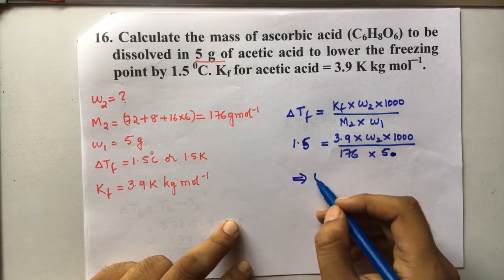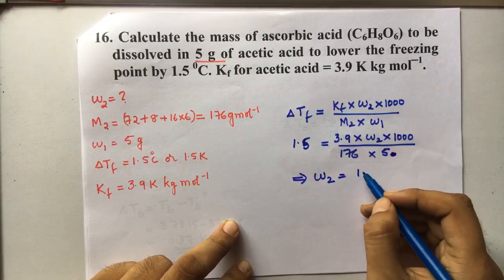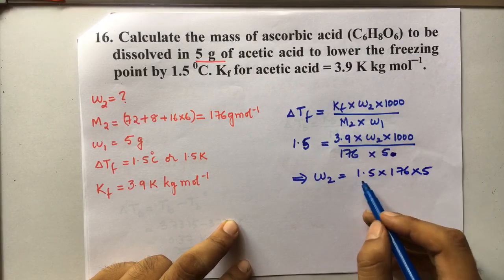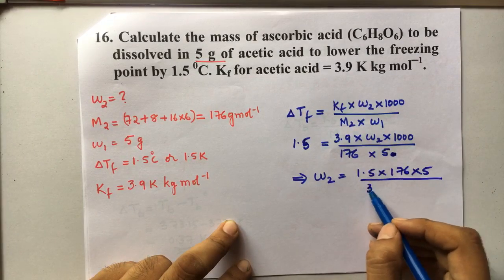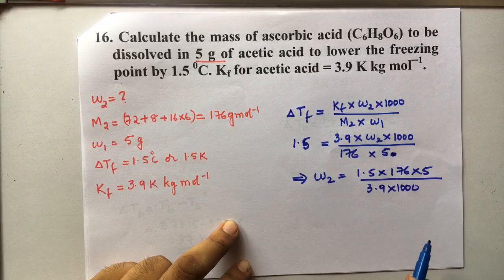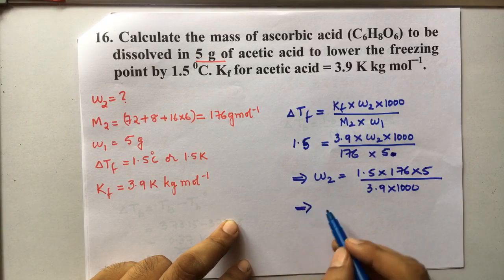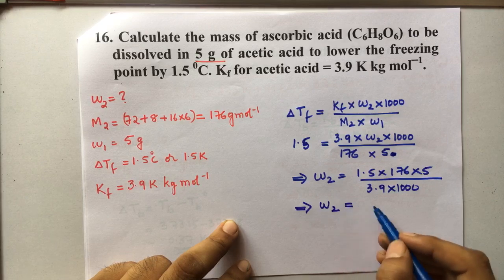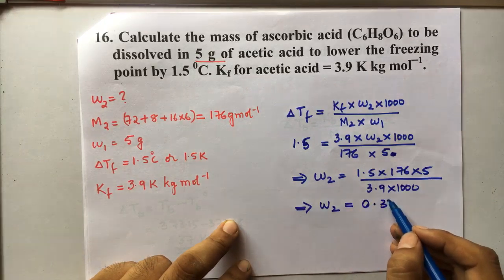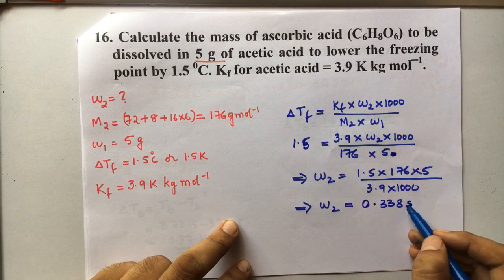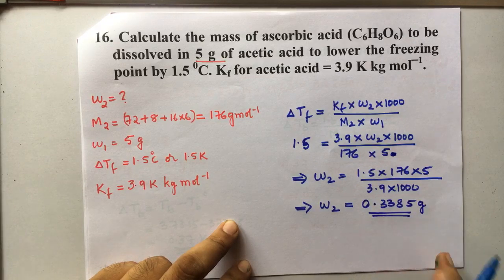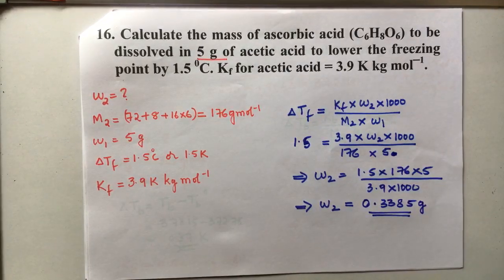Upon solving, you can get W2 will be equal to 1.5 into 176 into 5 divided by 3.9 into 1000. Calculated using calculator, students, W2 will be equal to 0.3385 grams.